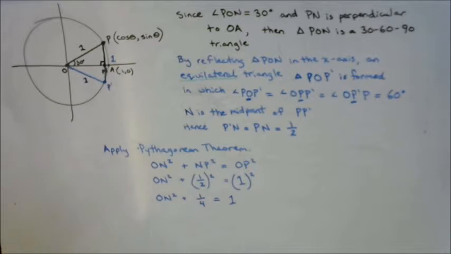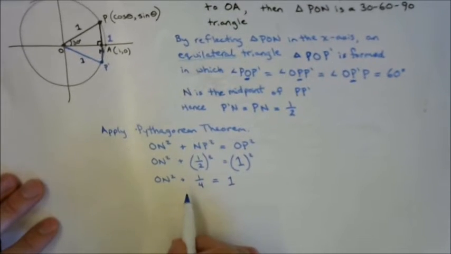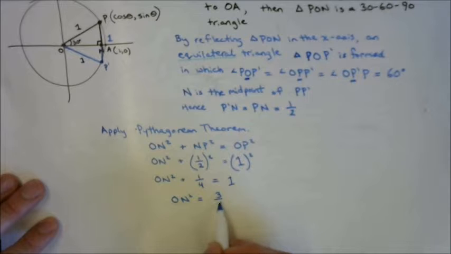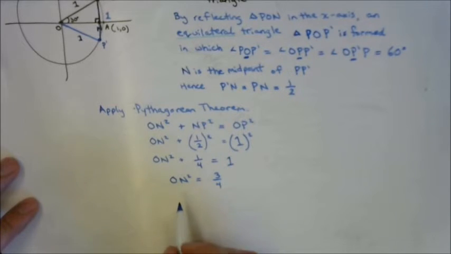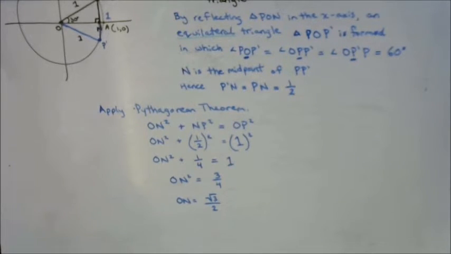Now we can rearrange to solve for ON. So we can subtract a quarter from each side. ON squared equals 1 minus 1 quarter, which is 3 quarters. And we can take the square root of both sides. I'm going to reduce right away. The square root of 3 is radical 3.